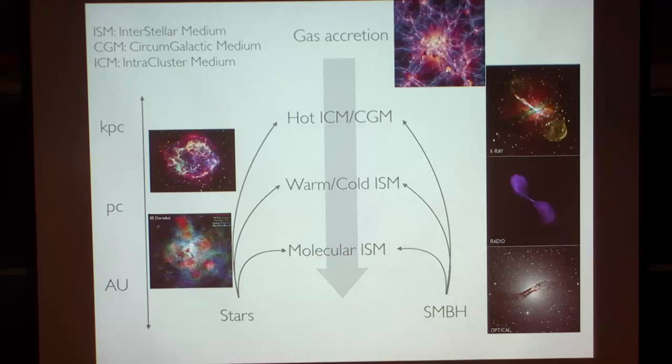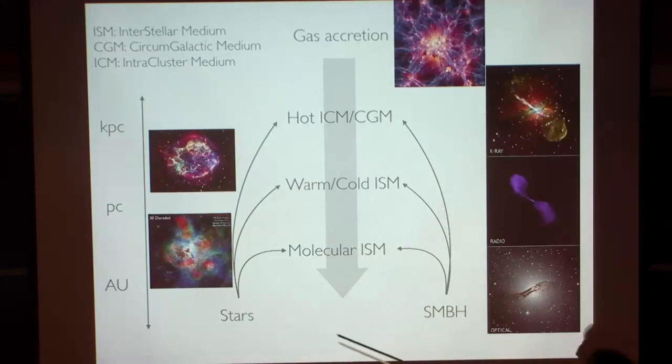So from the stars, especially for these massive stars, they will produce lots of copious UV radiation, which will give us a radiation pressure and high energy photon that can ionize the gas and heat the gas. And also there is a strong wind blown out from this massive star. But among those kind of things, the supernova explosion is one of the most energetic processes that we can expect from this star formation feedback.